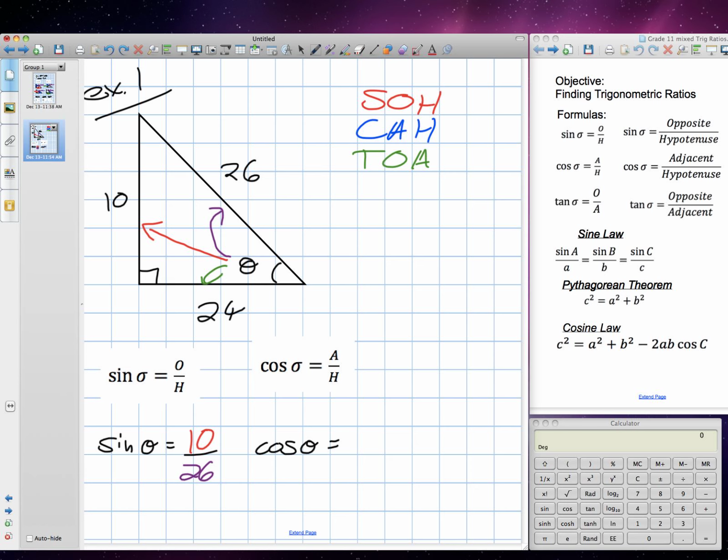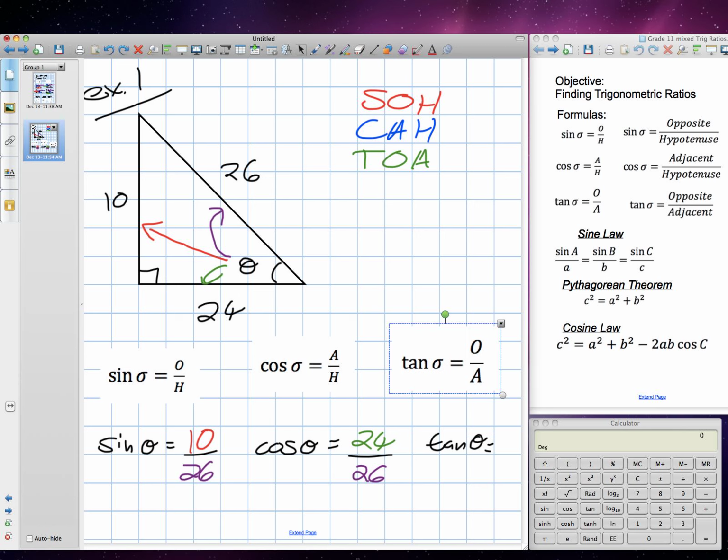Our hypotenuse, though, is still 26. So 24 divided by 26. Okay. Finally, our tangent. Our tangent theta is our opposite over our adjacent, which we have the formula over here.